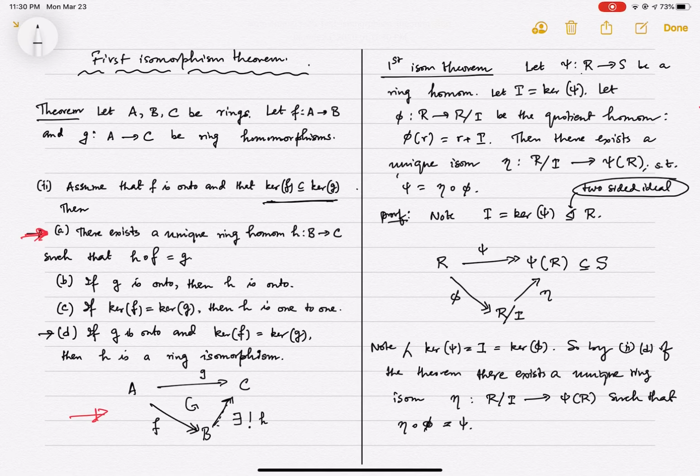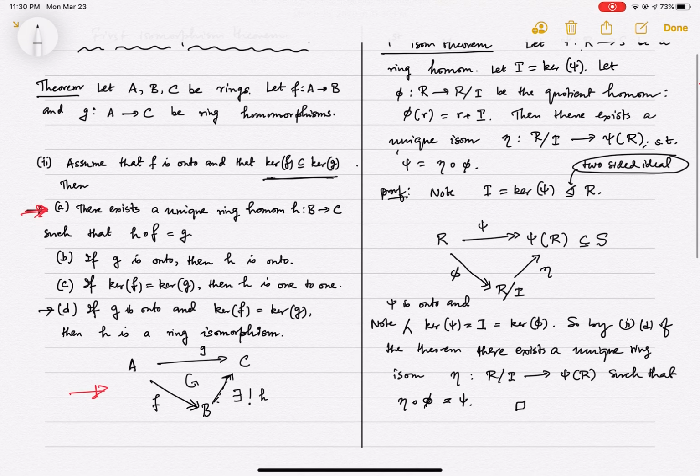Maybe I should also note psi is onto and the kernels are equal. So by part d we have this isomorphism. That proves the theorem.